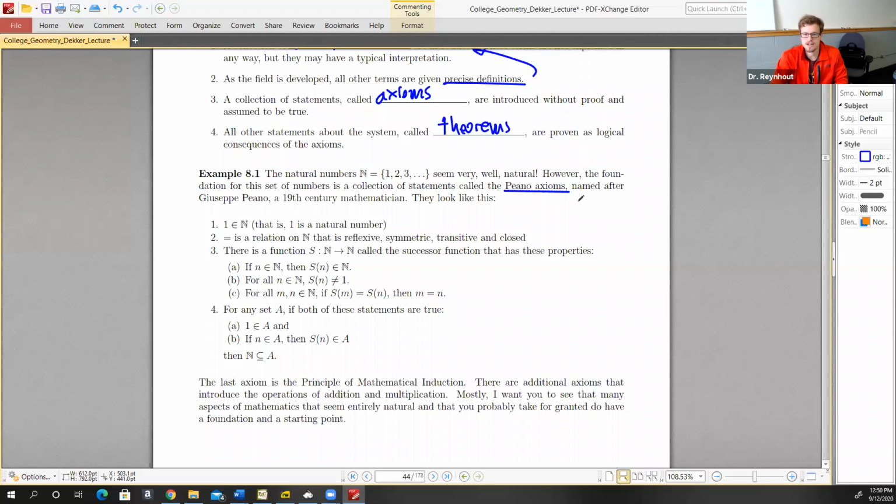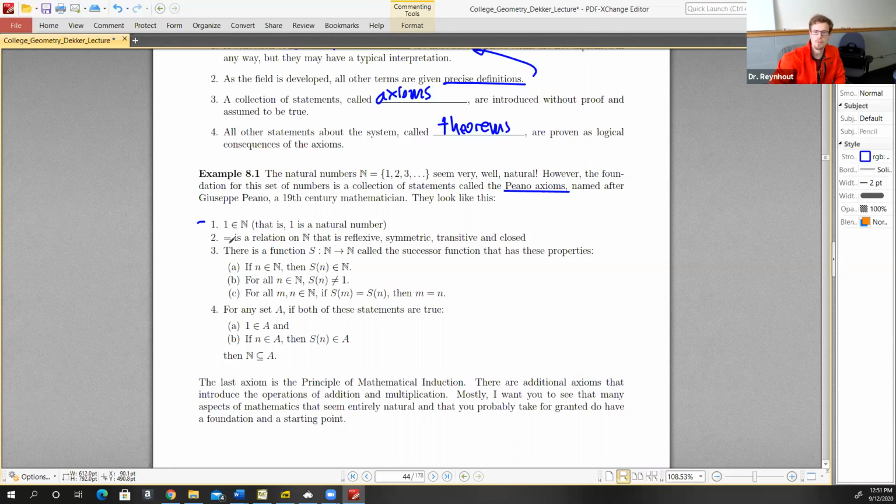And there are a set of axioms, and I have no idea how to pronounce this person's name, but I suspect it's Peano, named after Giuseppe Peano. So these axioms are the Peano axioms, named after Giuseppe Peano, a 19th century mathematician. So these are some of the axioms.